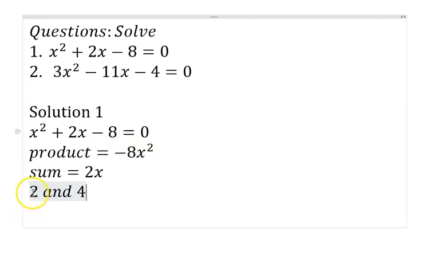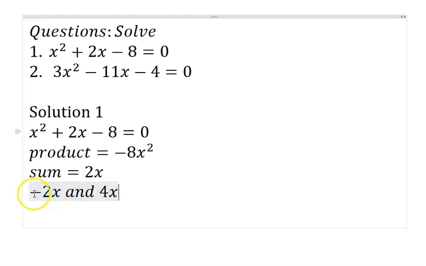So if you say minus 2 times 4, it will give us minus 8. If you say minus 2 plus 4, it will give us 2. So minus 2 and 4 will work. So let's place their x.